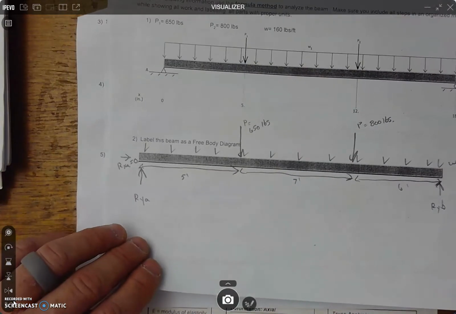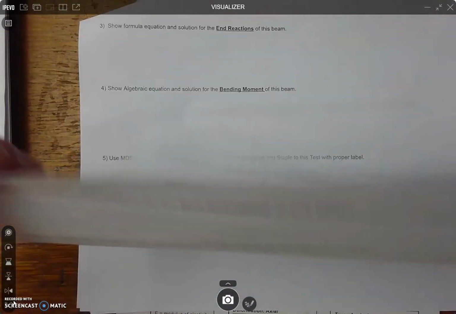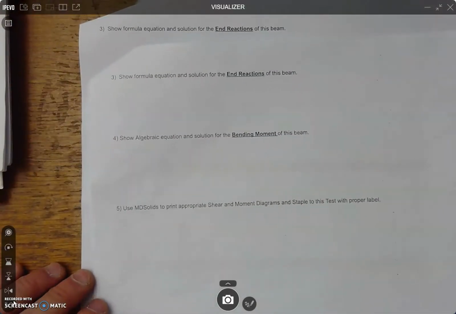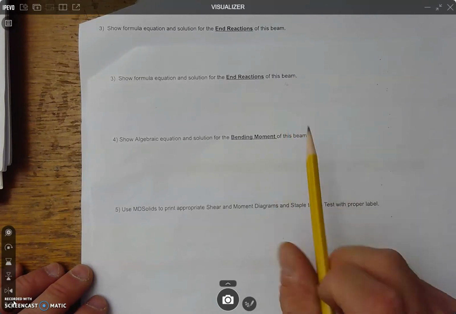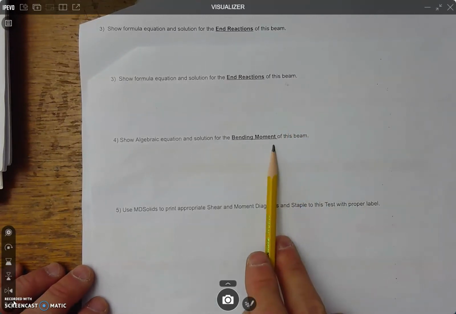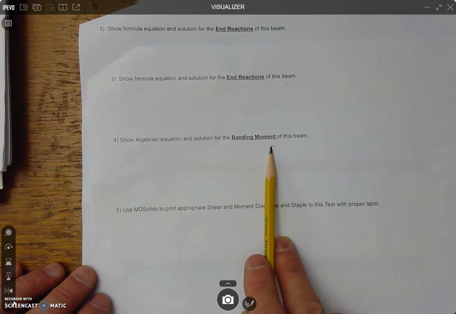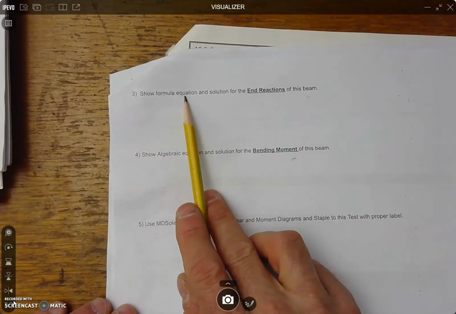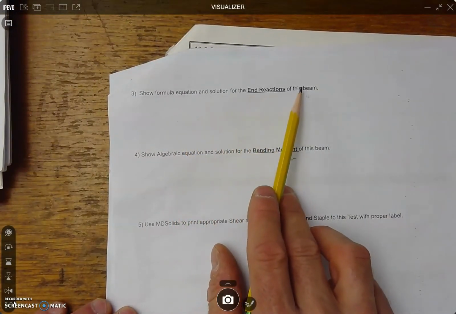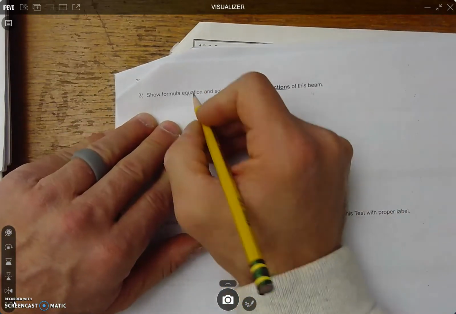Okay, so just like before, we need to find our end reactions. So this is what we've been doing up till now. The bending moment is what we've been doing, finding the area on the graph. Okay, so our end reactions, it says show the formula, equation and solution for your end reaction. So the first thing we do is our total.